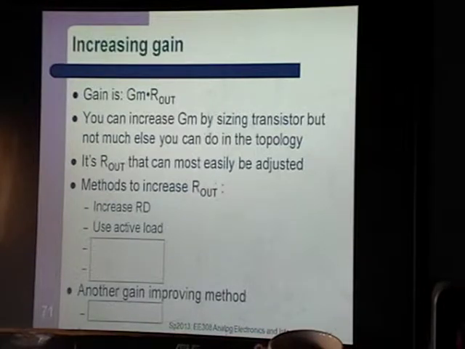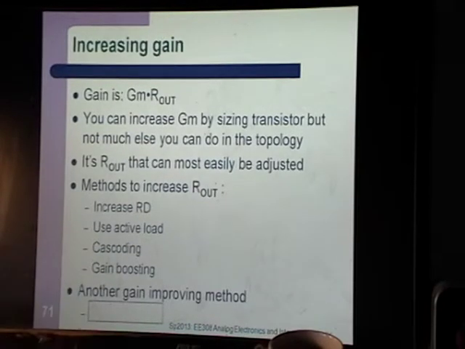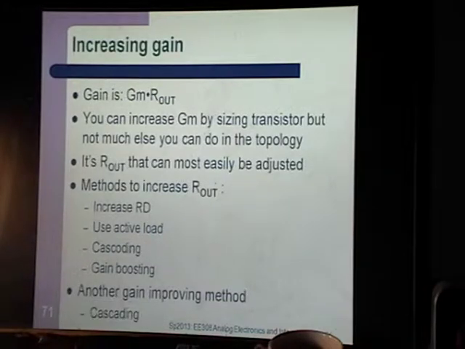But there are others, and that's what we're going to do here. One's cascoding and one's gain boosting, and the folded cascode is kind of folded into the cascoding here. We've already seen one other way, and that's called cascading. Cascading is good because you can get a big gain with a low supply voltage. You just string together a bunch of lower gain amplifiers and they multiply each other.